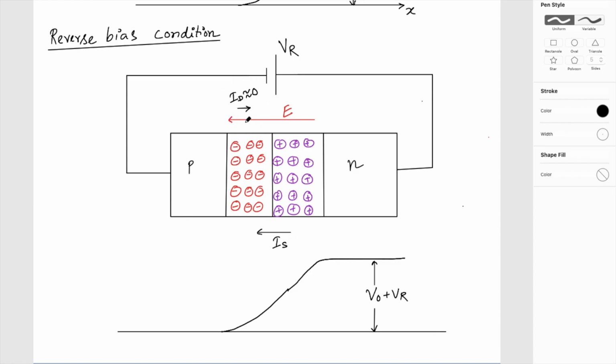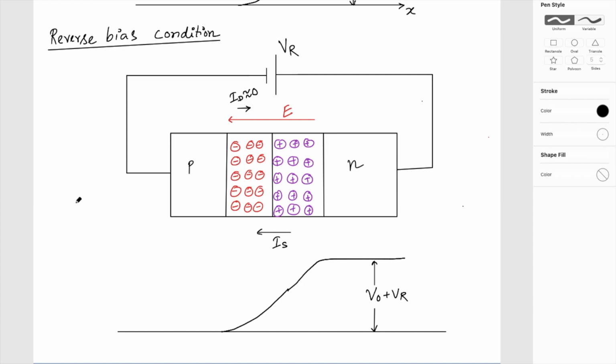However, this ID is going to become zero because it is directly dependent on the electric field. Because of the application of this voltage, which is in favor of this electric field, my ID will become zero. So the overall current is going to be only due to this IS, and it will be in this direction.